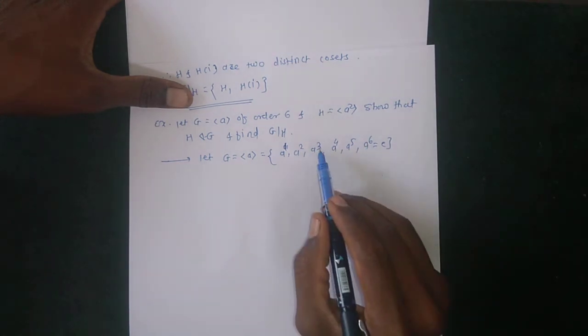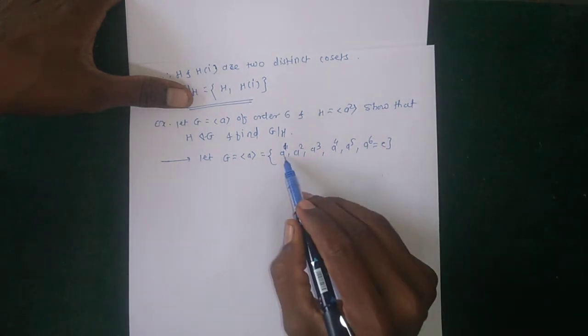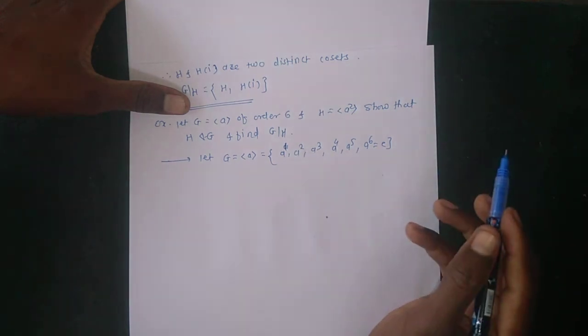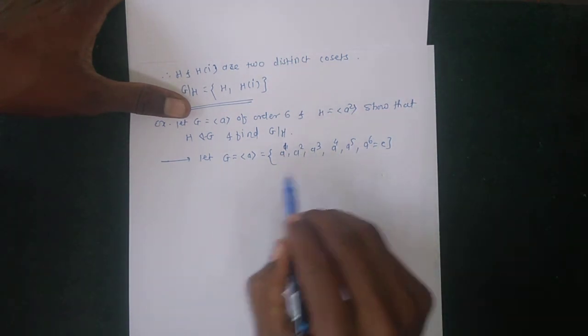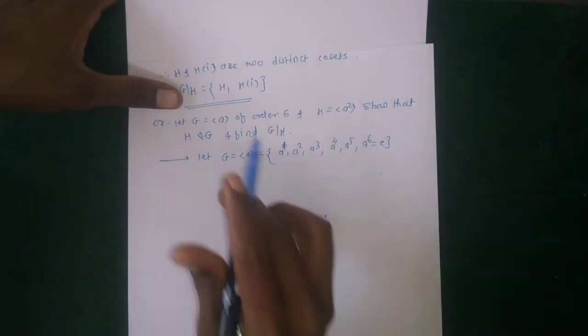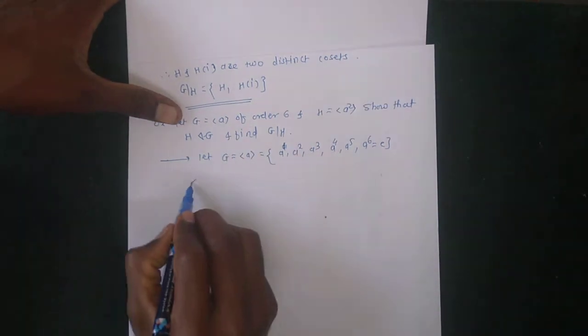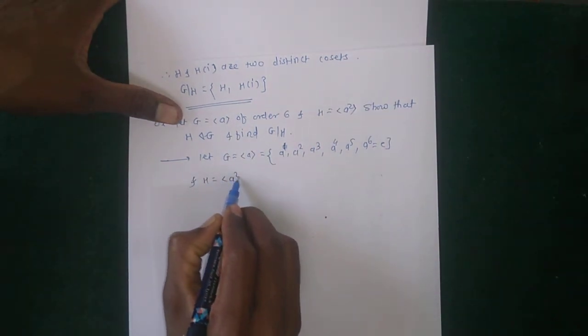Okay, again repetition here. A raised to 7 means A raised to 1, A raised to 8 means A square, and so on. These elements are again repeated because here G is finite group.